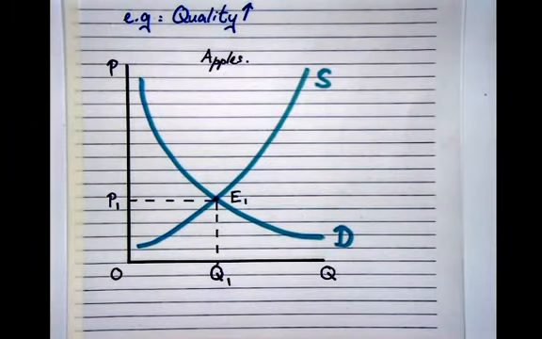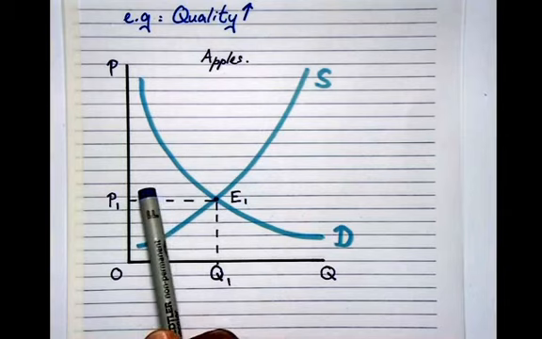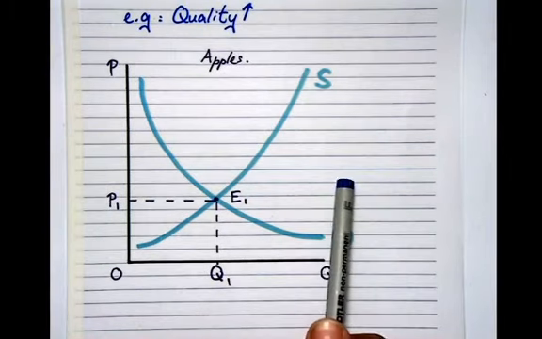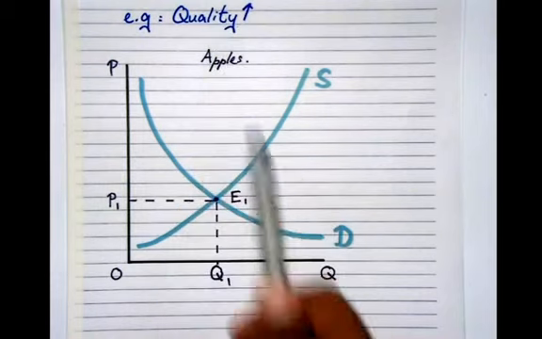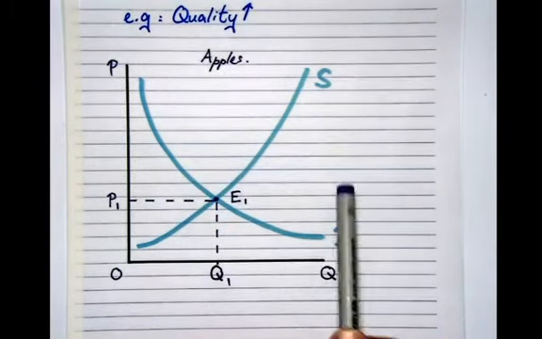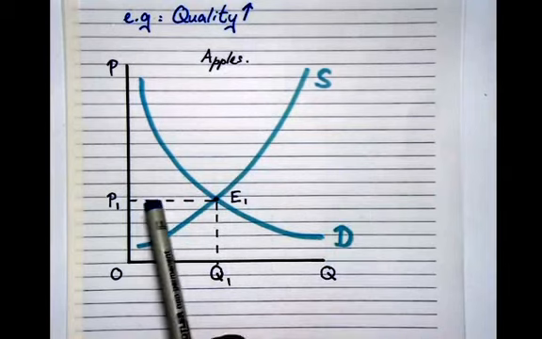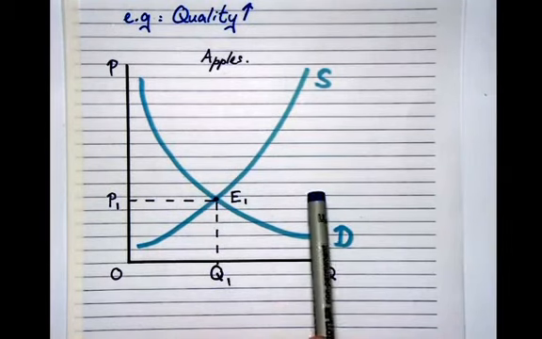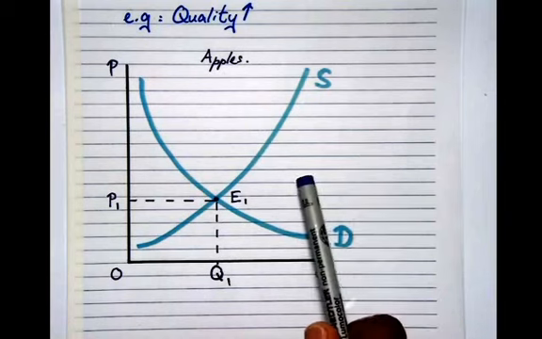So now demand will have to shift either to the left, closer to the origin, or to the right, further away from the origin. Since it's an improvement in quality, demand would shift further away from zero.